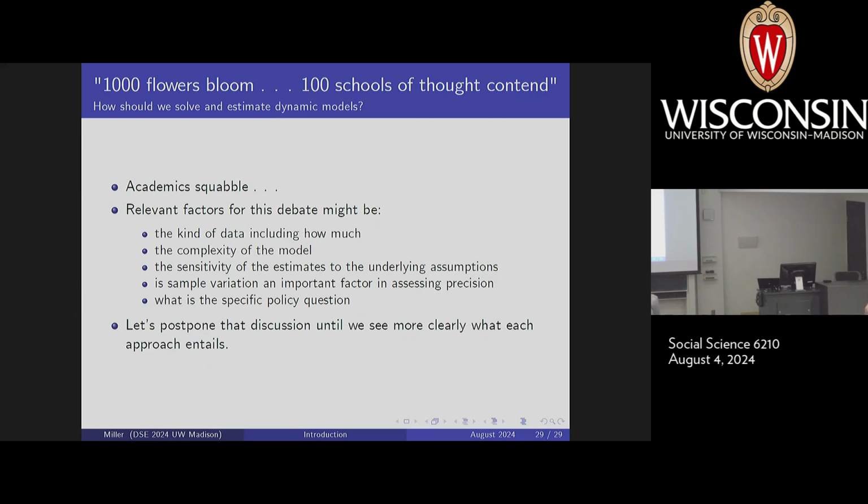Okay? Literally, how feasible? What is the sensitivity of the estimates to the underlying assumptions? That's what I was talking about a minute ago with the calibration stuff. And is the sample variation related? An important factor in assessing the precision.